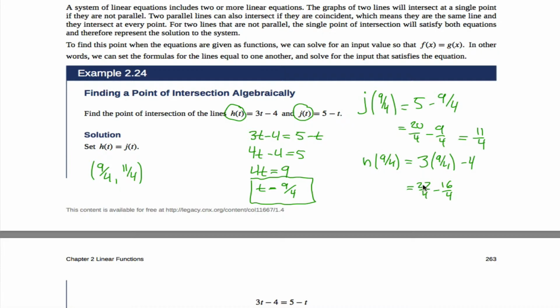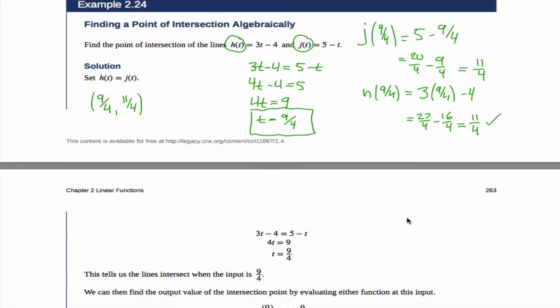And 3 times 9 is 27, and 1 times 4 is 4. And then 16/4 here to get a common denominator. Instead of 4 over 1, you multiply the top and the bottom by 4 to make it 16 over 4. And now that I have a common denominator, 27 minus 16 is 11. Hey, look at that, same height. Looks like I didn't screw anything up. This point, in fact, is the point of intersection between these two lines here.